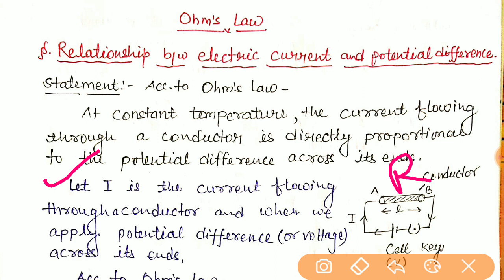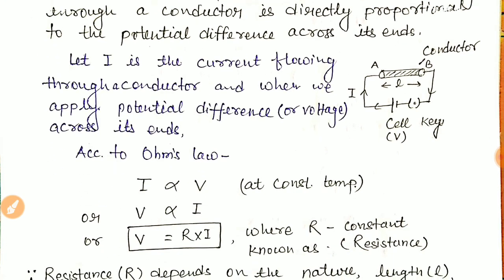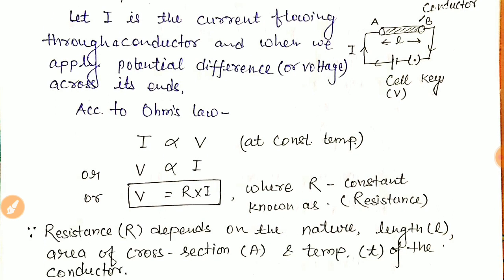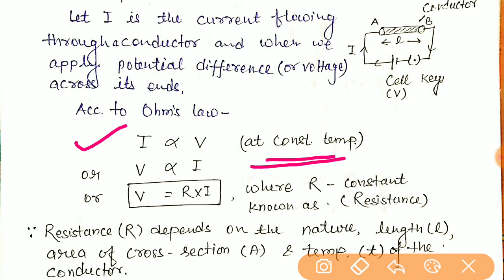As we apply potential difference and press the key on, there is a flow of current through the circuit, and the potential and current are related according to Ohm's law: I is proportional to V at a constant temperature. Keep in mind, if the temperature changes, then you can't get real values. So take care, always keep the temperature constant during the experiment.